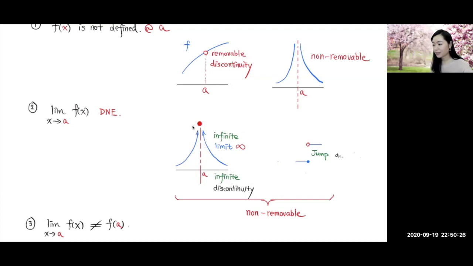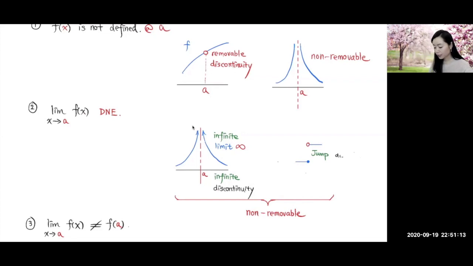It has an infinite limit, but infinity is not a real number, so that's a special case of does not exist. This is what we call an infinite discontinuity, because the limit goes to infinity. It's also a non-removable discontinuity. You cannot remove it by filling in a single dot.